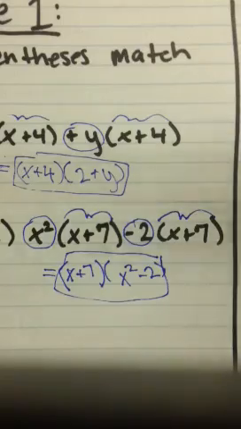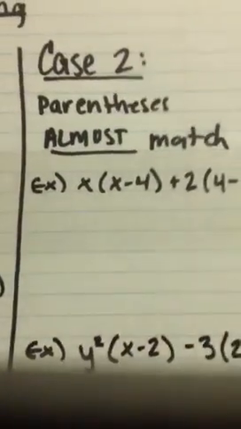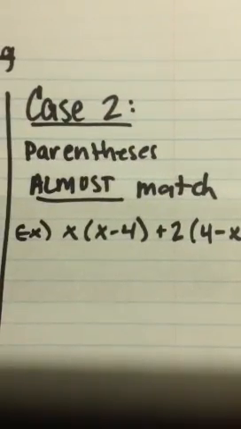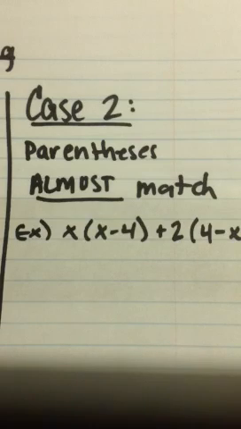But my second case is when my parentheses almost match. What I mean by almost matching is you're going to see some subtraction in there, but instead of the terms being in the same order, they're in a different order, so we're going to have to change it.